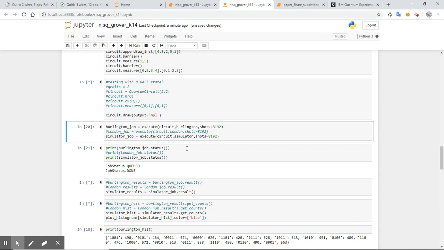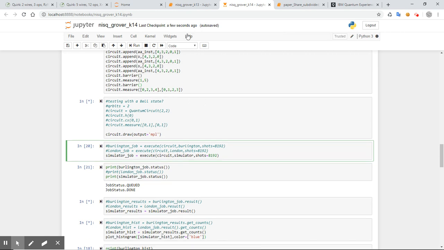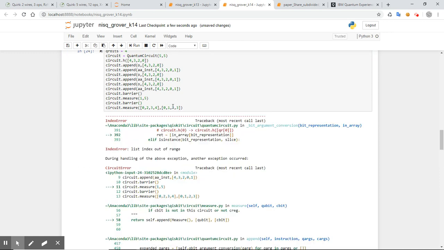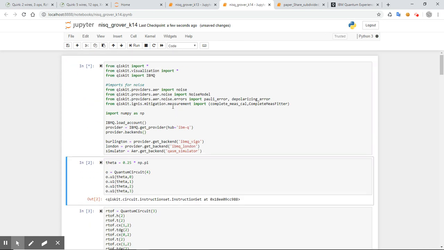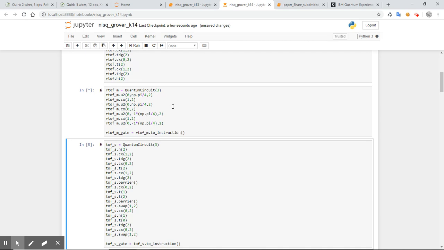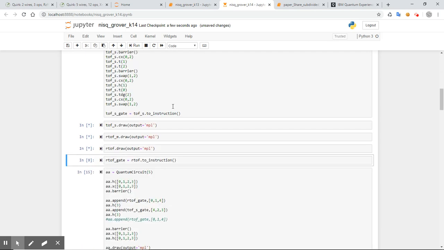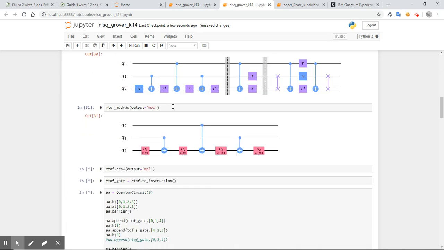I messed this up, so I shouldn't execute it on Berlin, on this machine at all. Can I just cancel this? Stop, interrupt the kernel. Okay, so can I now do this? I've got to start from scratch. So we got this. We're not uncomputing.